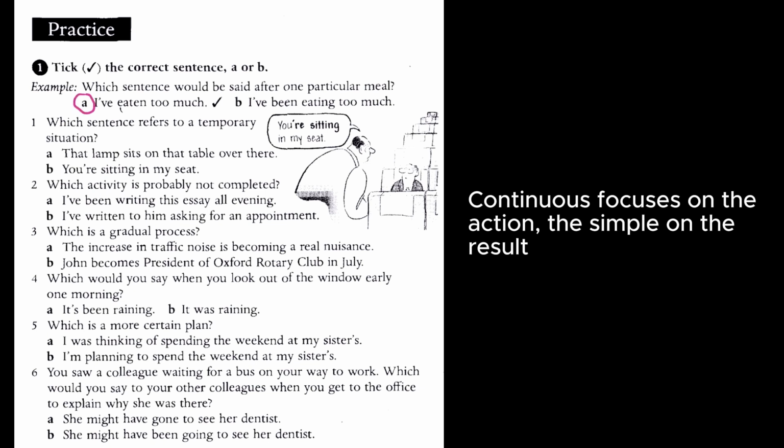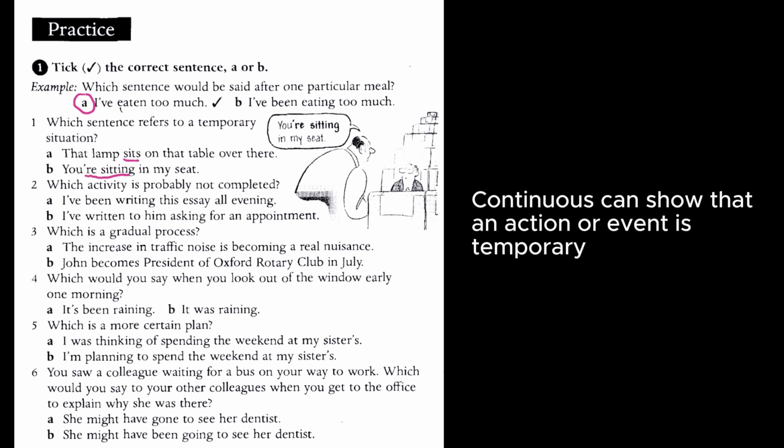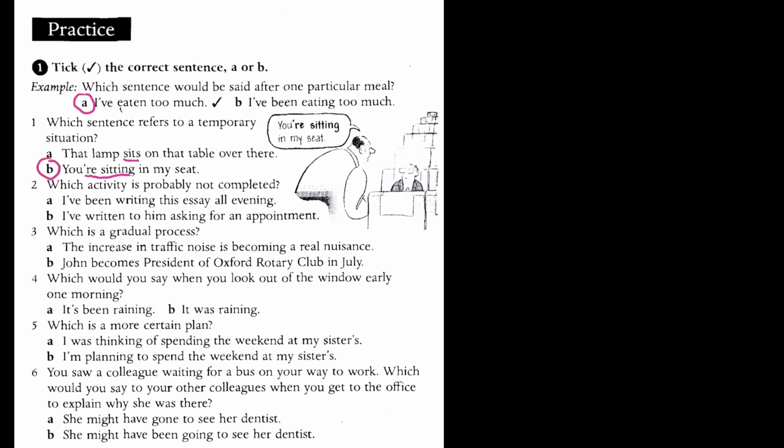Which sentence refers to a temporary situation? That lamp sits on that table over there. You're sitting in my seat. The use of the present continuous indicates a temporary situation, whereas the present simple indicates a general truth. So a temporary situation is B. Which activity is probably not completed?